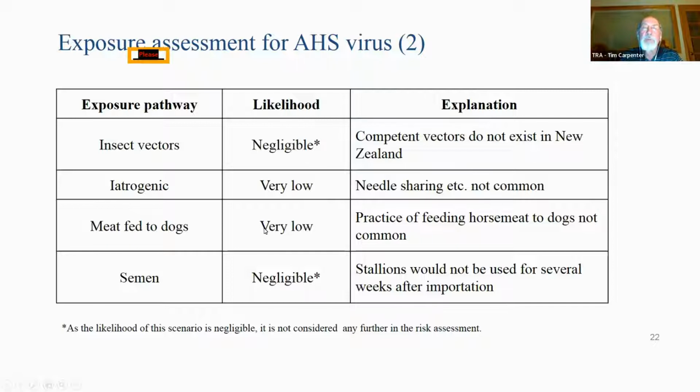It could be cooked, which would lower the risk of transmission there, as well. So we'll classify that as very low likelihood. Semen transmission. Again, I said it's unlikely that the horses would be used for insemination purposes, so we can discount that as negligible.